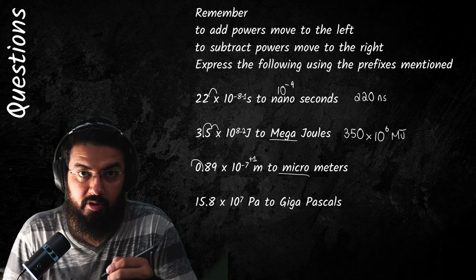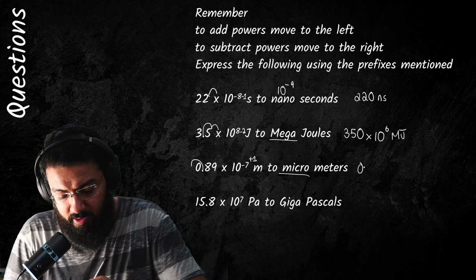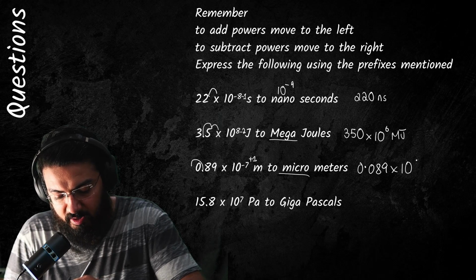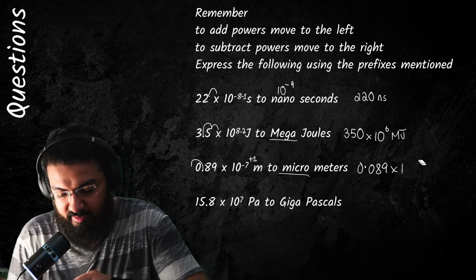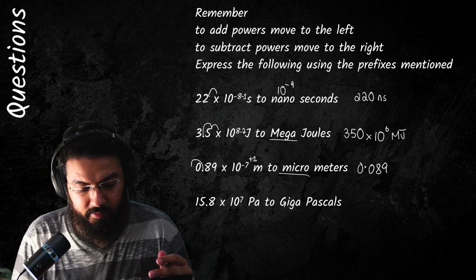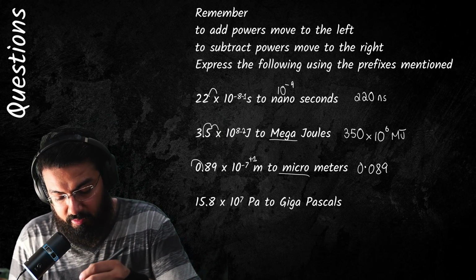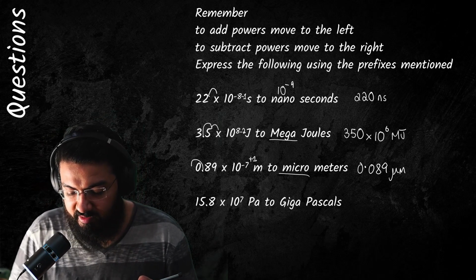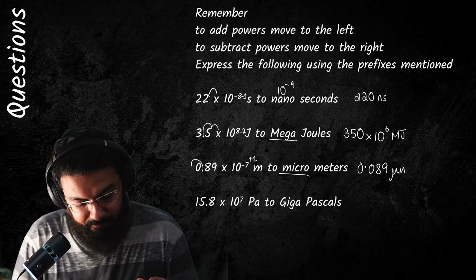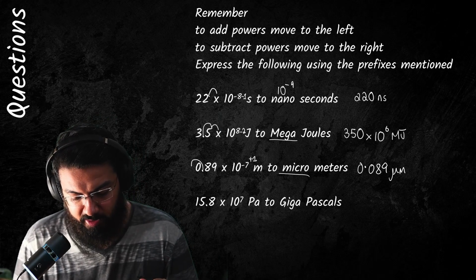So my answer is going to be 0.089 into 10 raised power minus 6. All right, now again, it's micro, it's minus 6, so I have to write it as a prefix. So it's going to be micrometers. Micro is represented by the Greek letter mu. So this is what it is going to be.